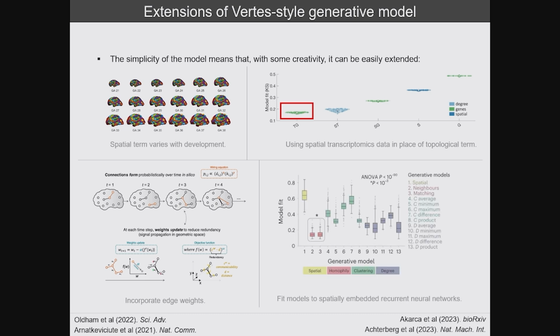They've even used these models, they fit them to artificial neural networks that are actually doing tasks. And surprisingly, or maybe unsurprisingly, the models that perform well in this particular study, that are actually doing the task well, also tend to resemble the models that do well recapitulating real connectomes. It's kind of surprising.